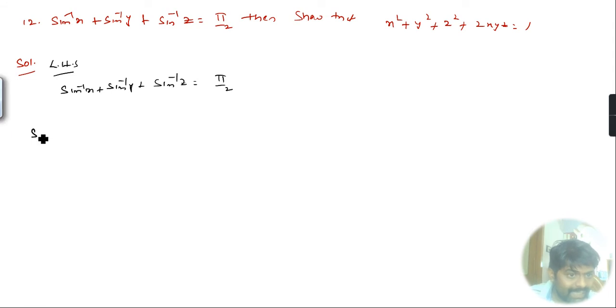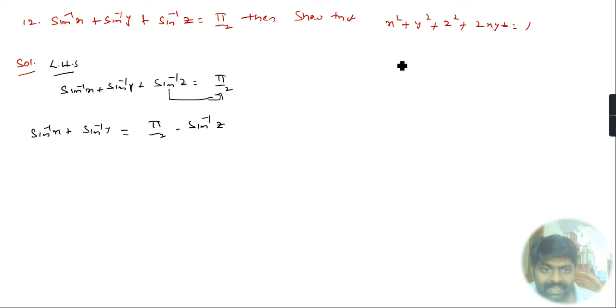Then we get sin inverse x plus sin inverse y, this is converted into this side. We get pi by 2 minus sin inverse z. And we know the basic formulas: sin inverse x plus cos inverse x is equal to pi by 2.